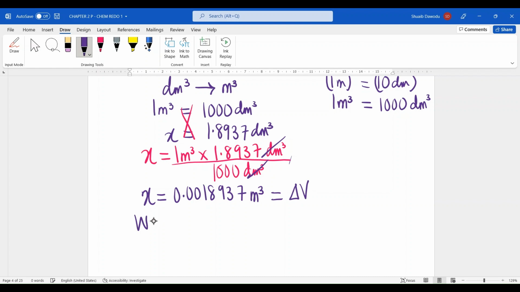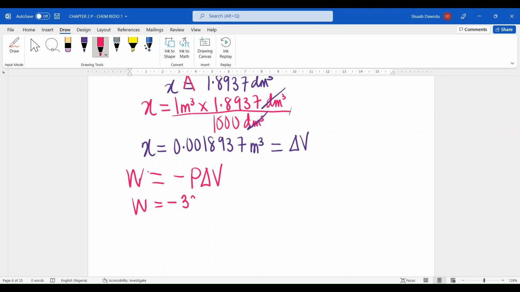So W is simply going to be negative P change in V. So W is negative 329,306.25, and of course the unit is Newton per meter squared, just like I taught you earlier, times the change in V, which is 0.001893 meter cube.